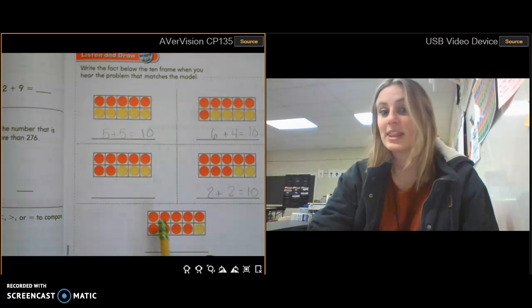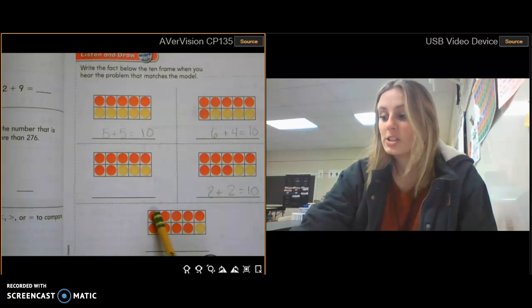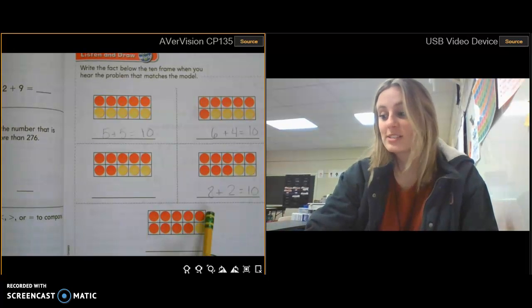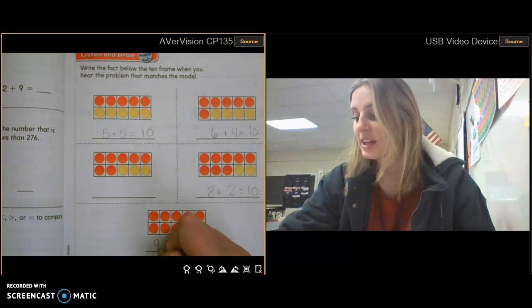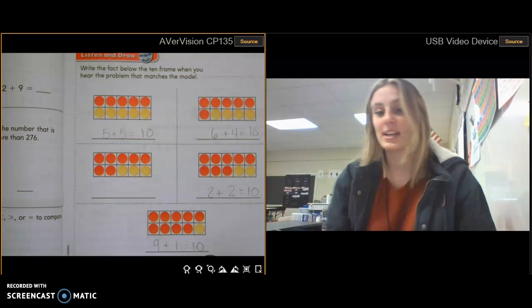So you might think this is our tens frame that goes with our problem. Let's count it. 1, 2, 3, 4, 5, 6, 7, 8, 9. So 9 large dogs and 1 small dog. So our addition problem is going to look like this: 9 plus 1 equals 10.